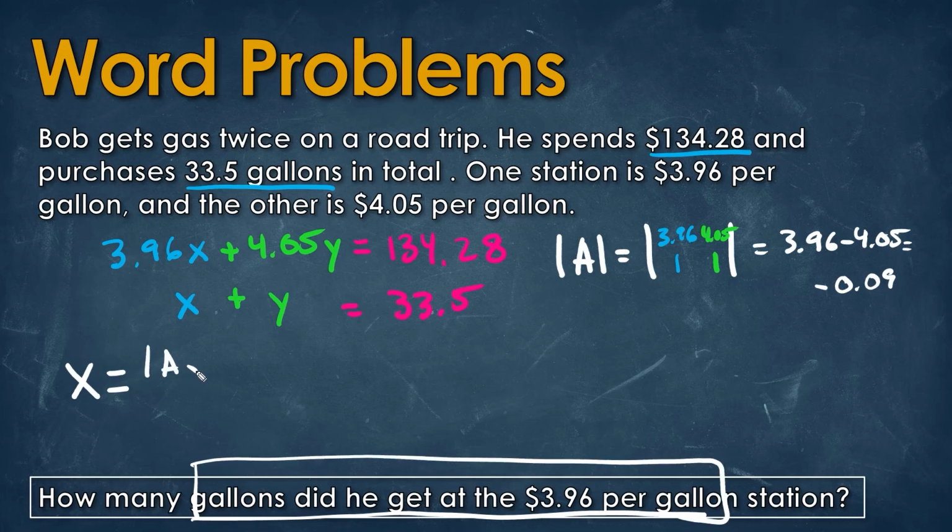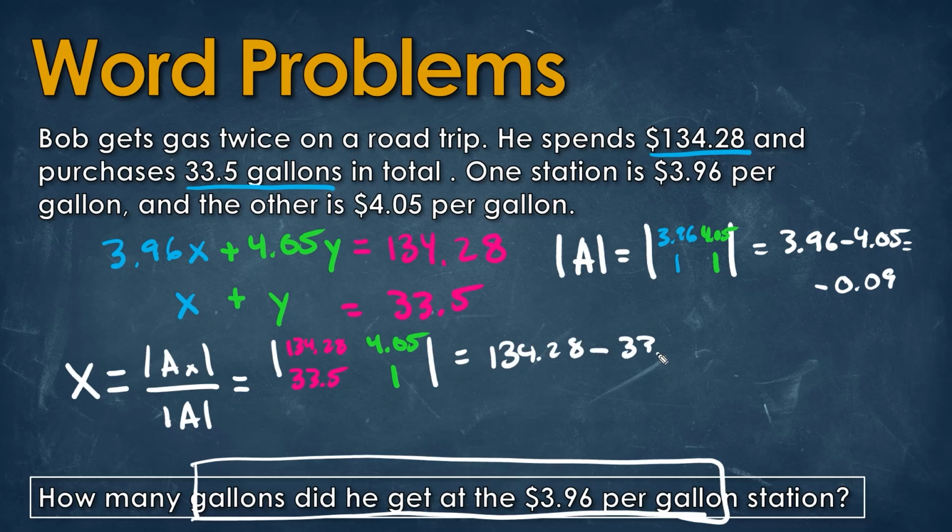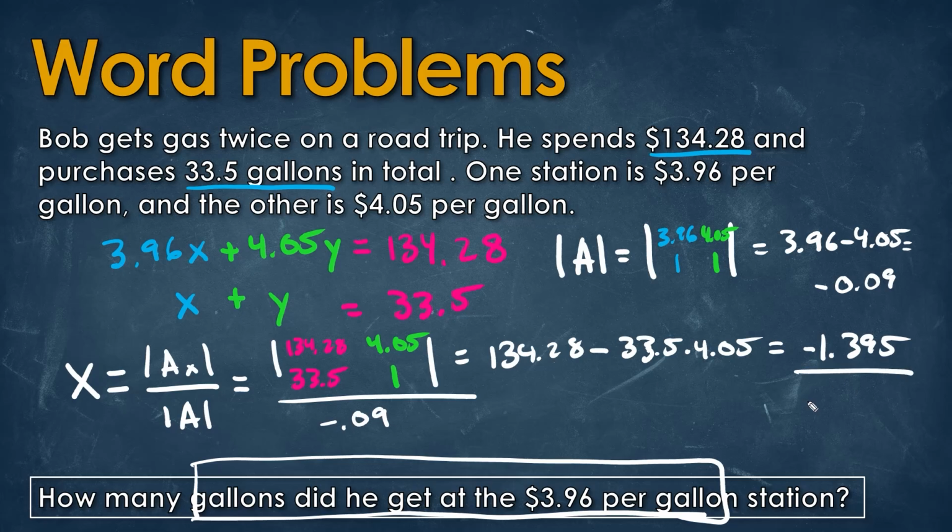So our A of x over A needs to be figured out, and our value of A of x is going to be 134.28 or 33.5 followed by 4.05 over 1. This is going to be equal to 134.28 minus 33.5 times 4.05, and that will be equal to negative 1.395. And since this is over our determinant at negative 0.09, we'll divide it by negative 0.09. So our answer for x is going to be equal to 15.5 gallons.